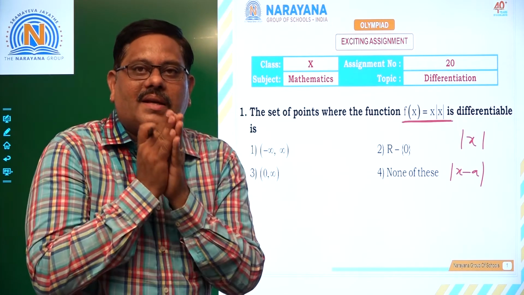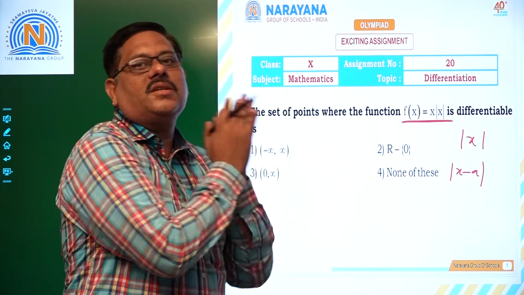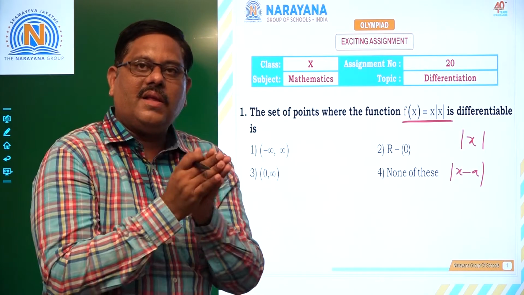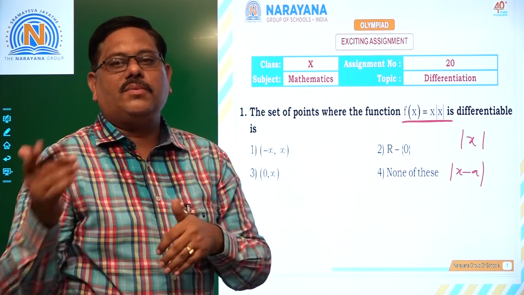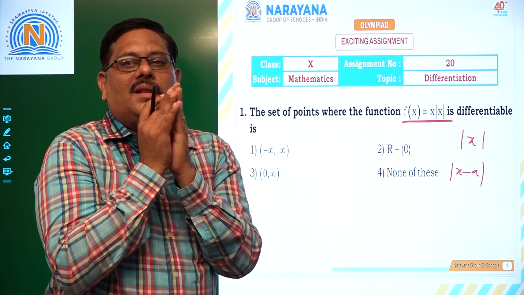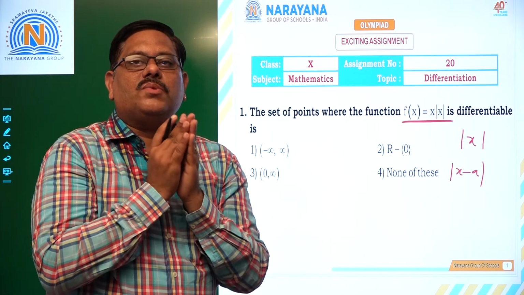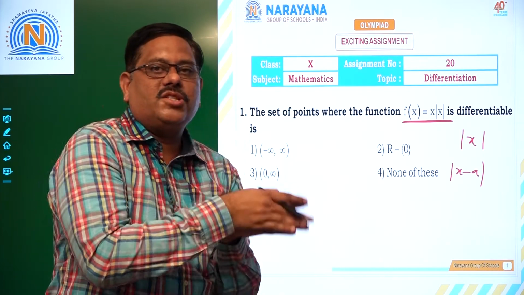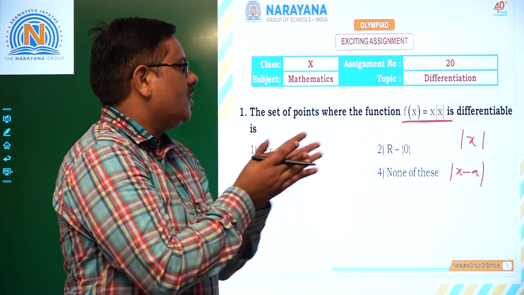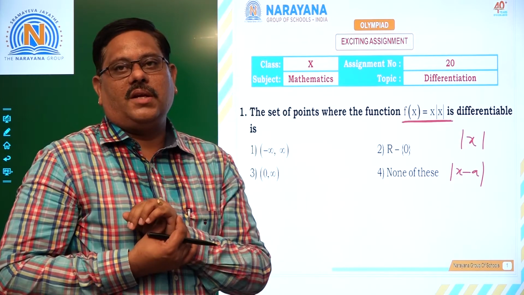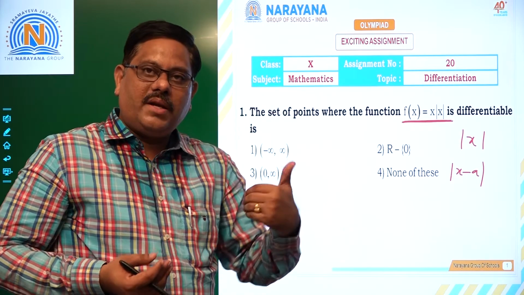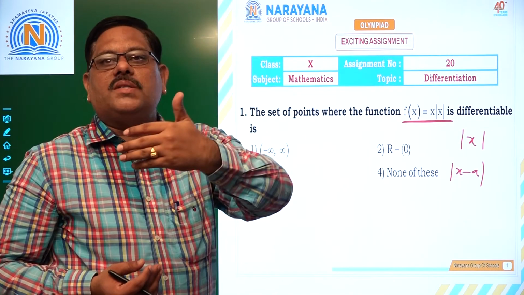At that particular critical point, we have to observe the nature of mod x. Only there will there be a problem whether it is differentiable or not differentiable at that point. So it is crucial to observe x mod x at x equal to 0, because the critical point is 0. For less than 0, what is the nature? For 0 plus, what is the nature?